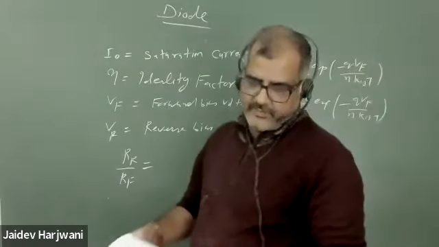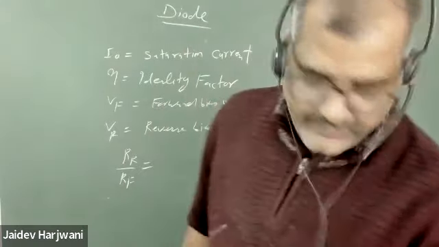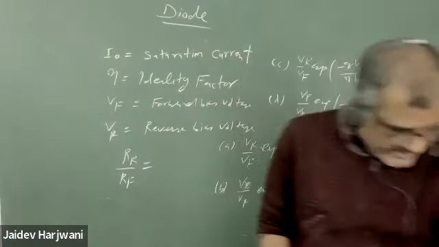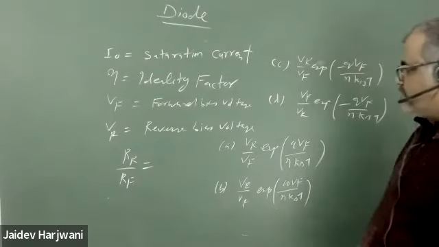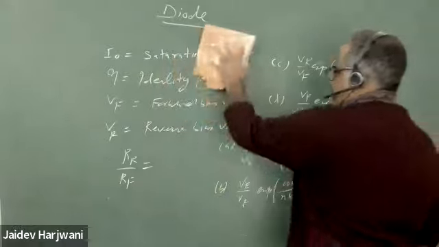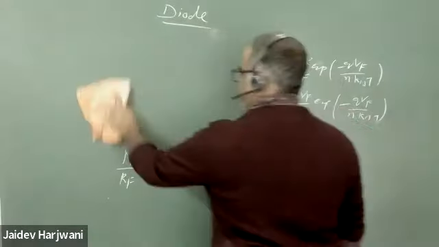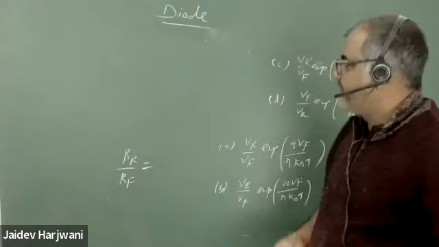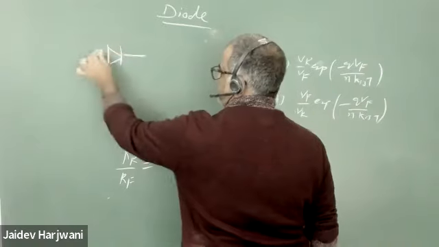The question is simple. You are applying one time forward bias, other time reverse bias. So in both cases you need to calculate the ratio. Let me further clarify what the question is. You have a diode in forward bias.